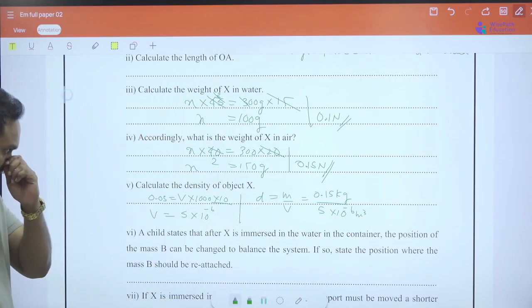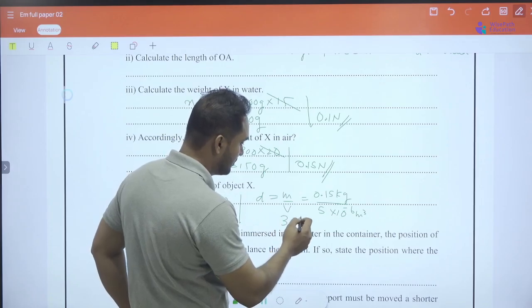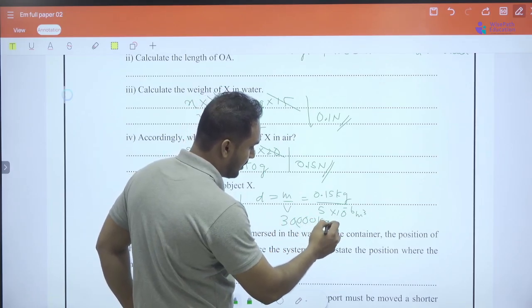This should be the answer: 3000 kilograms per cubic meter.